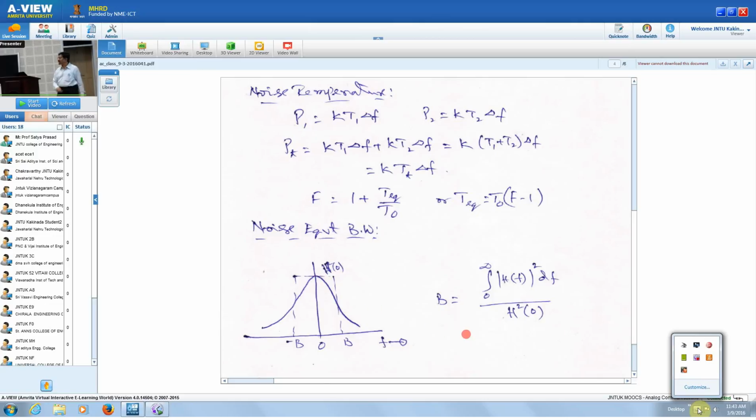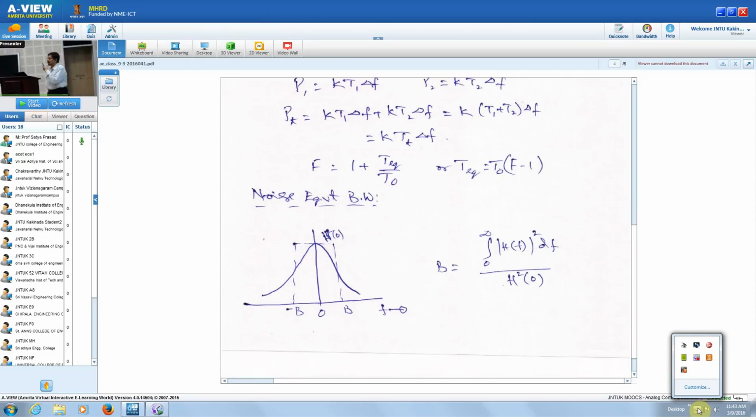The bandwidth of your system is then the integral from 0 to infinity of the square of the power spectral density distribution, scaled by the DC value or the average value, the H naught value. What will be the spectral value at DC? That will be your noise equivalent bandwidth.